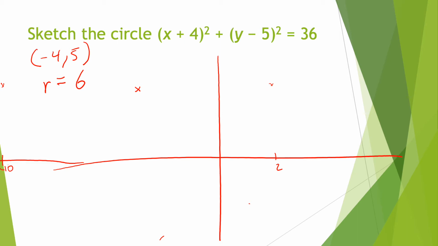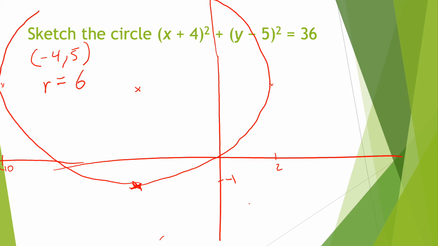And then from here you go 6 steps down, so that's 5. You go down, will take you to negative 1. Oh, sorry, that's negative 1. And then obviously 4 to 11, but that won't be enough. And then you join those points together approximately.